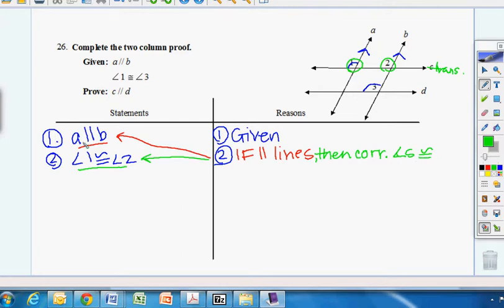I came from parallel lines, so I started with that, and if they are parallel, then I know corresponding angles are congruent, and 1 and 2 are corresponding. So that's how I'm allowed to say that.